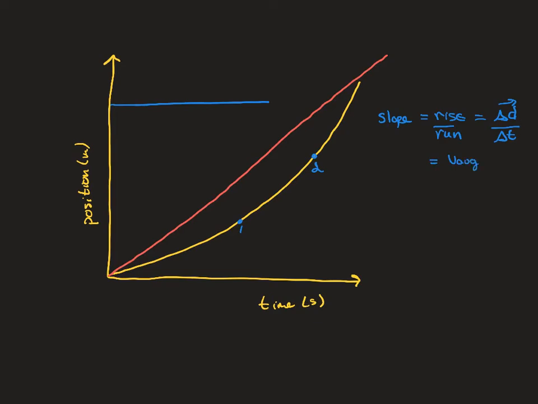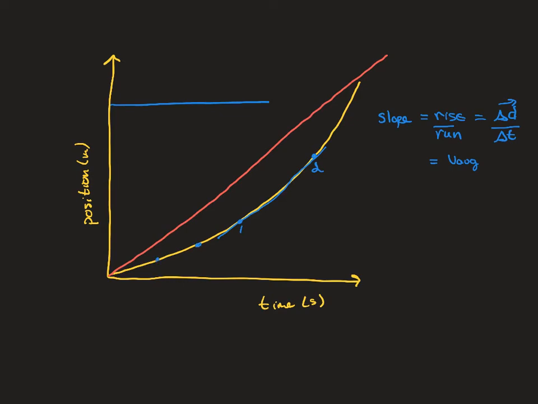And this allows me to expand a little bit more on what I meant by the fact that this is an average velocity that is not constant with time. So if I draw a line of best fit between these 2 points, the slope would be represented by that line.